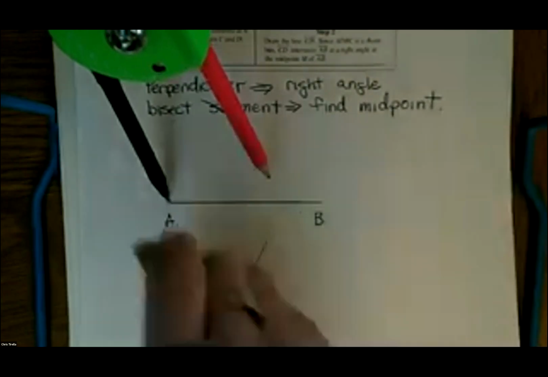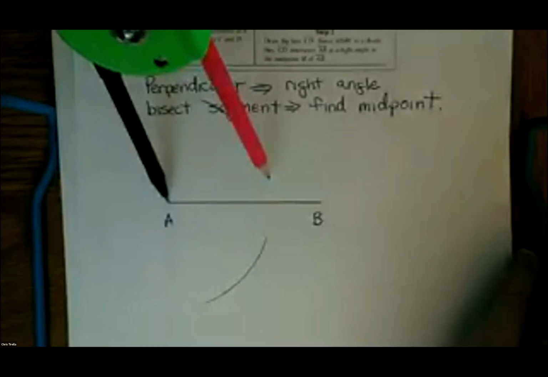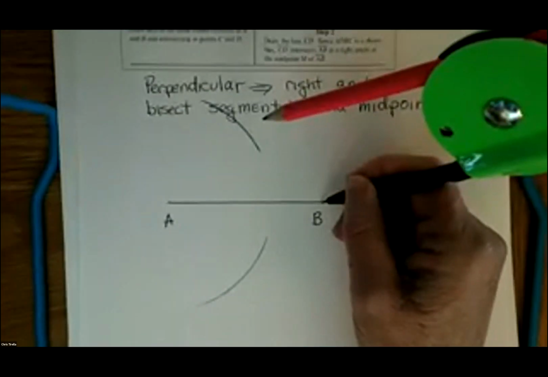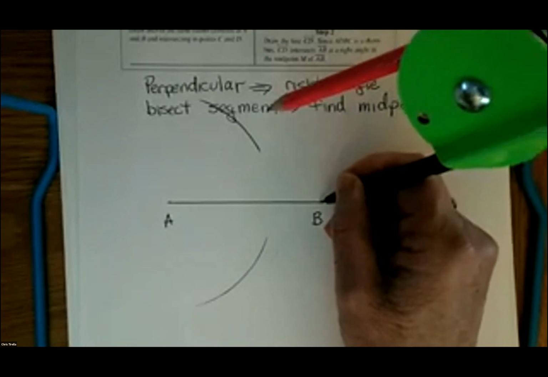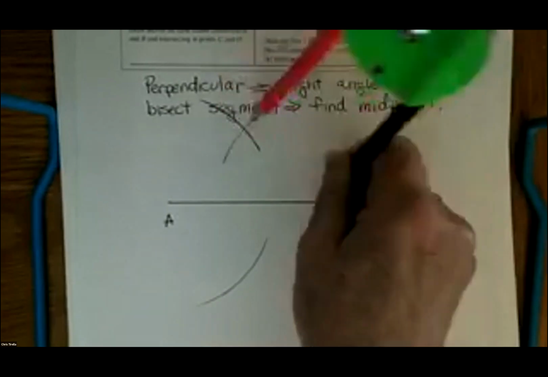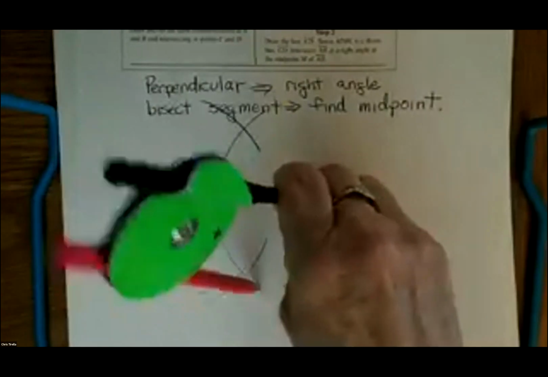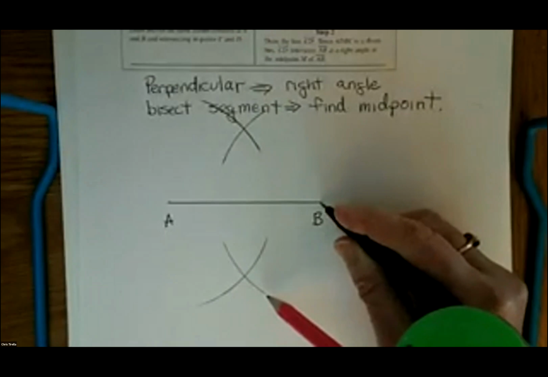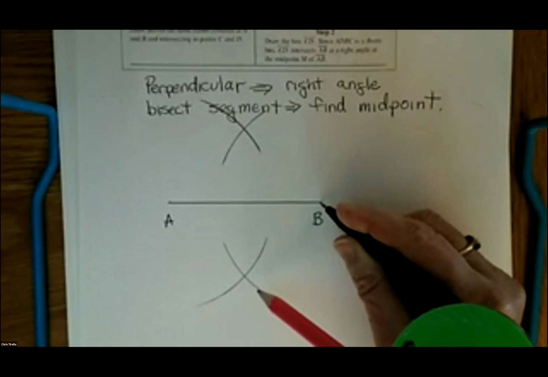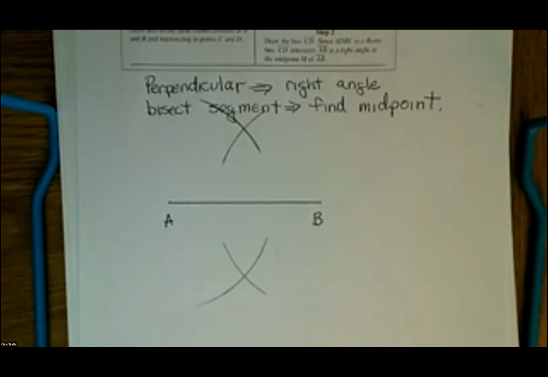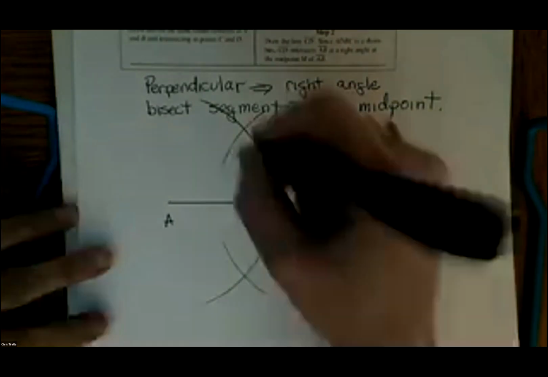Not hearing any complaints. Now, I don't want to change the radius. I want to keep the radius the same. I'm going to pick it up and put the point at B. And I'm going to swing the same way, an arc above and below the segment. Both those arcs have the same radius as the ones I drew around A. This time, if you notice, we've got two X's.